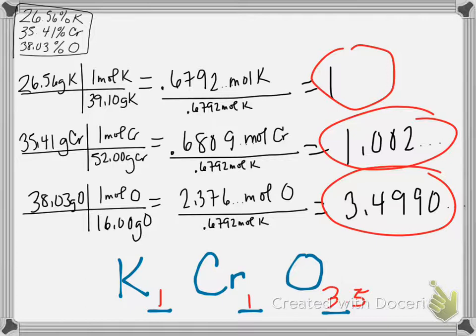Have you ever seen a subscript that was a decimal? How would you make those whole numbers? How could you do that and maintain your ratio? Well, 10, 10, 35, but that's not the simplest, that's not the smallest whole number ratio. We want the smallest whole number ratio. Something's not divisible. What if we doubled them all?